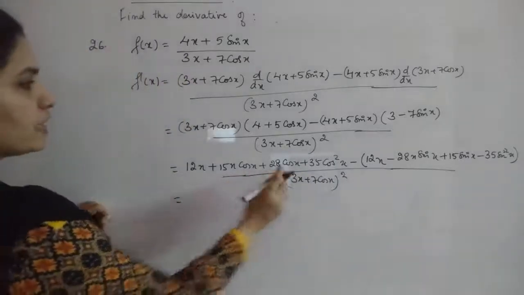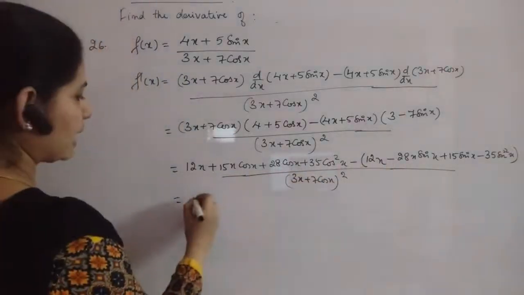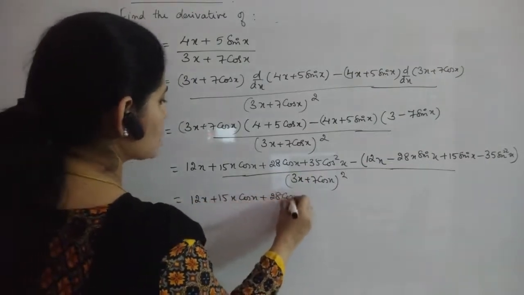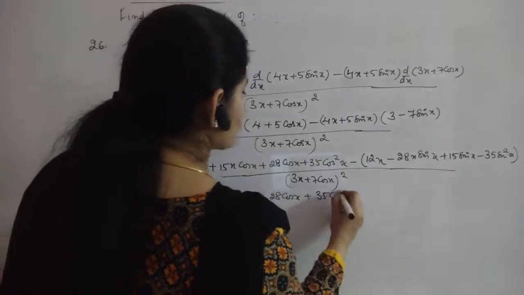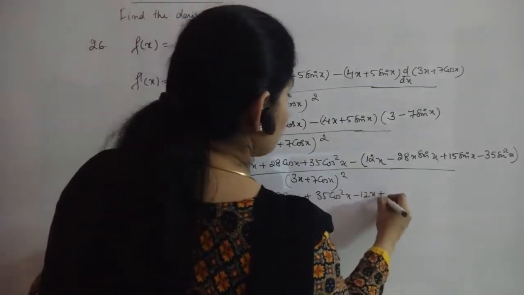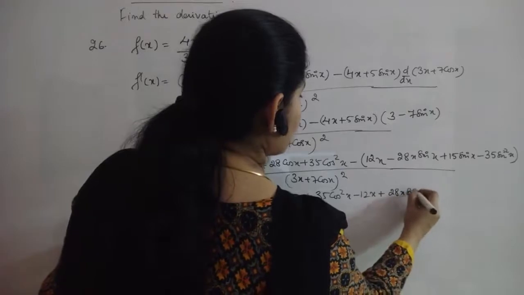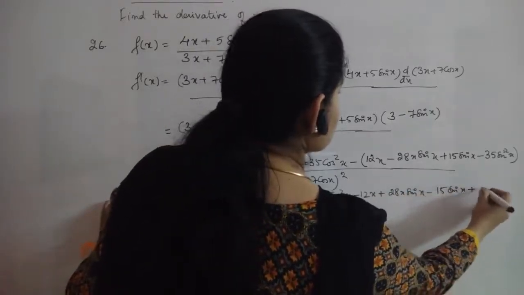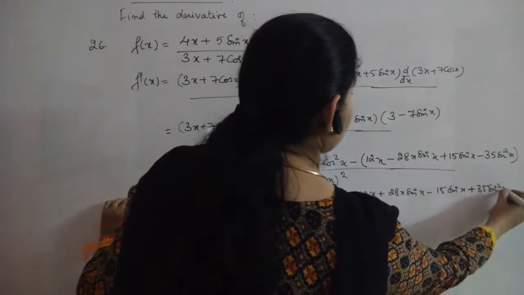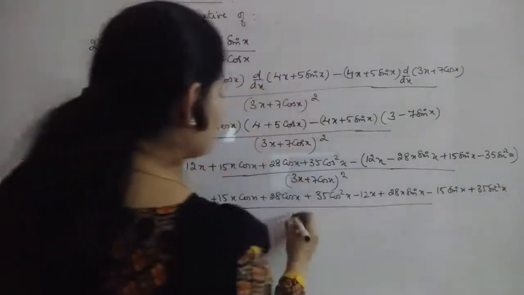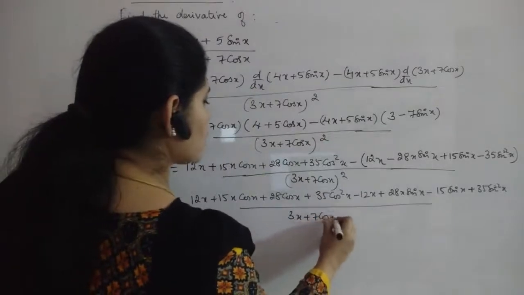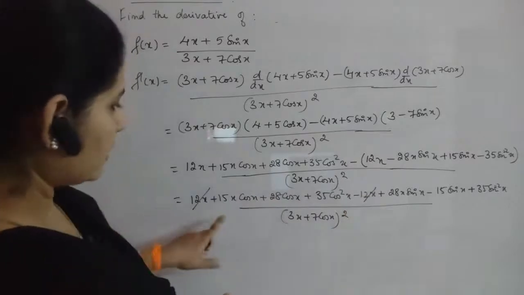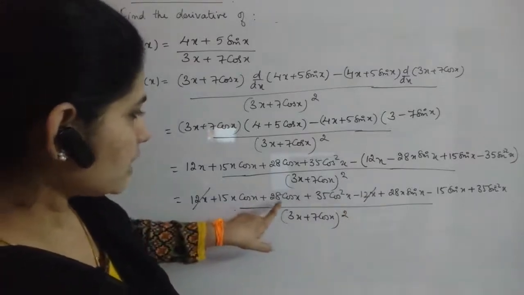So here when you expand it, that is removing this bracket, you will get 12x plus 15x cos x plus 28 cos x plus 35 cos square x minus 12x plus 28x sin x minus 15 sin x plus 35 sin square x, whole divided by 3x plus 7 cos x the whole square. So here you can see 12x and minus 12x get cancelled. Then anything else? 28 cos x.